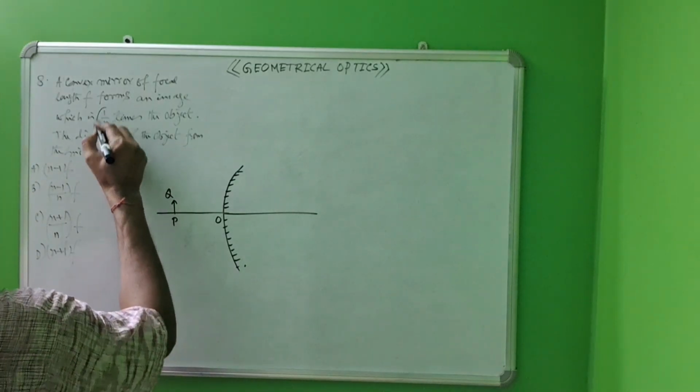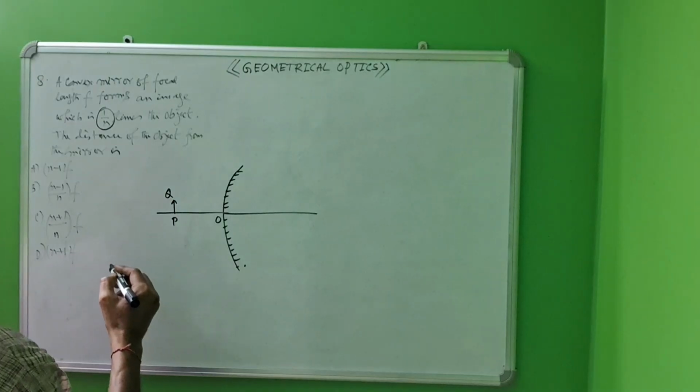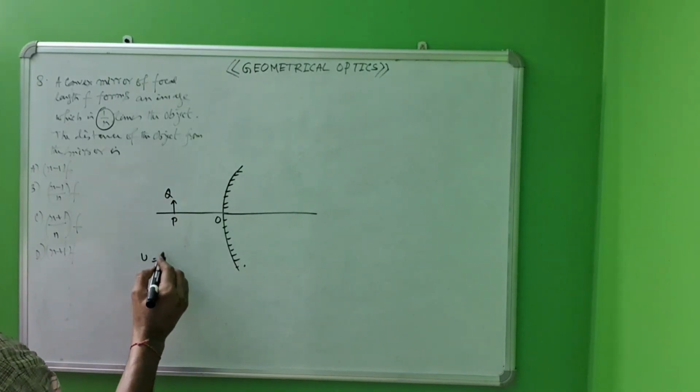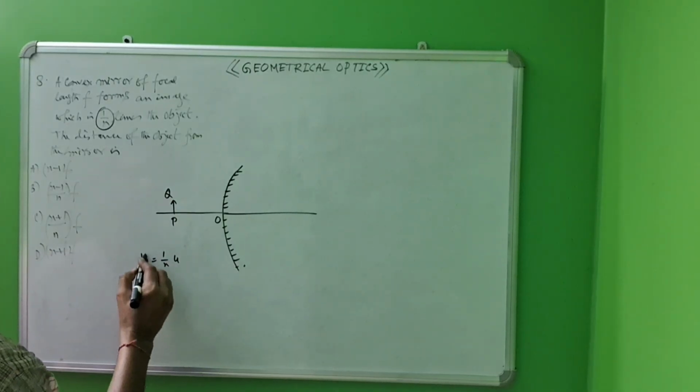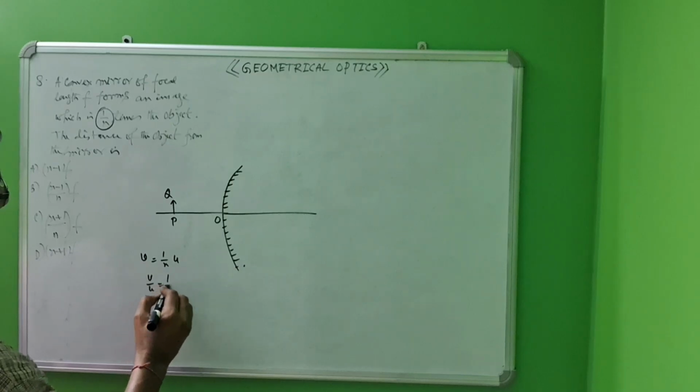According to the problem, the image is 1 by n times u, so v by u equals 1 by n.